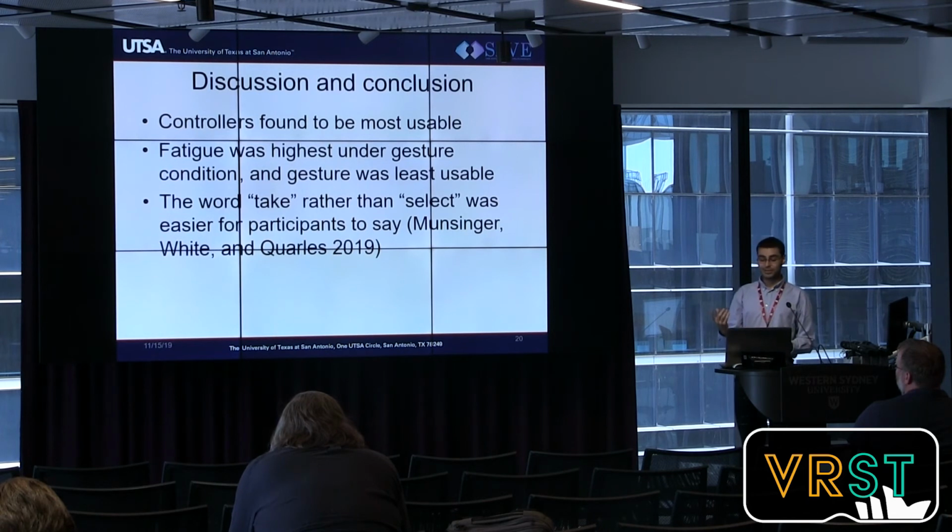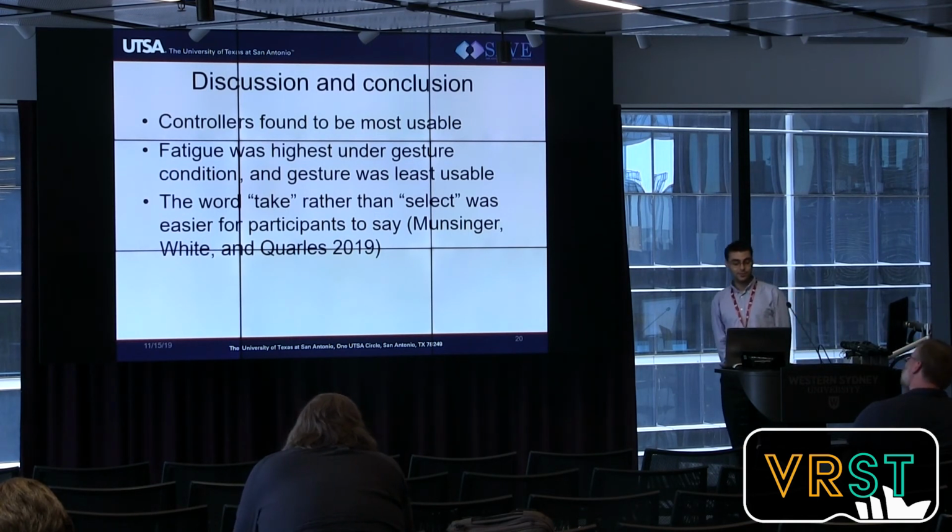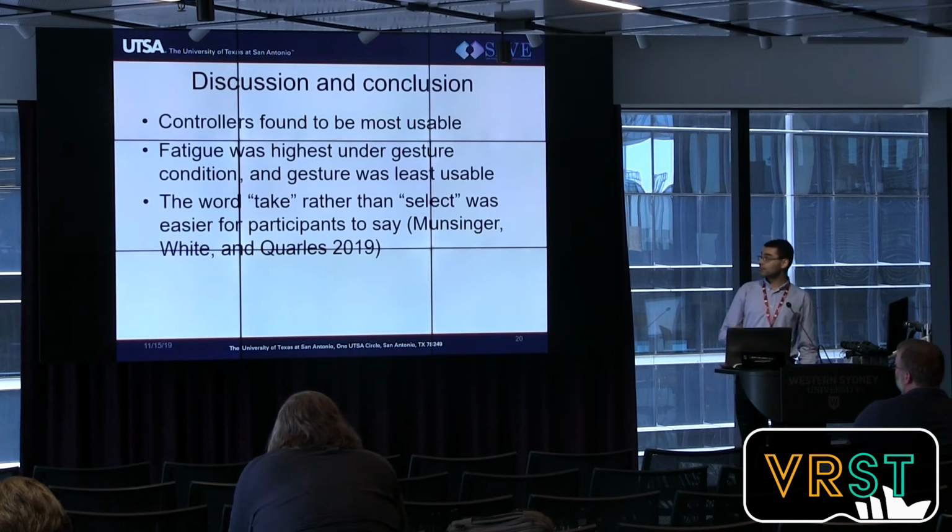And having a physical button just made the controller always report. And with the fatigue, the controller was once again the best, and the gesture, with the kids having to hold out their arm, was the most fatiguing.